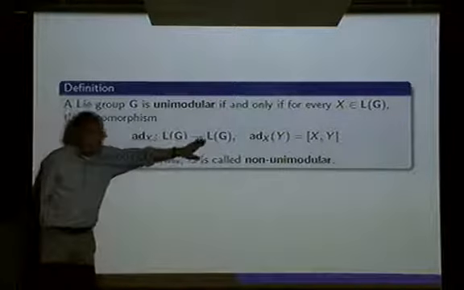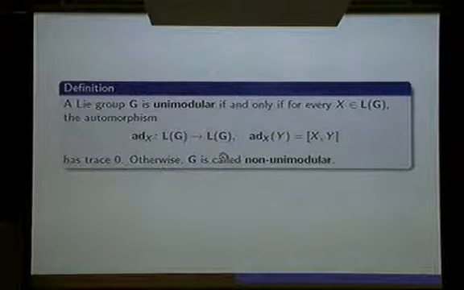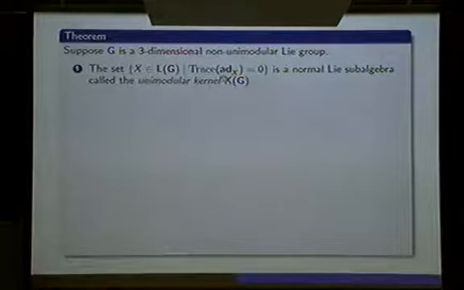Non-zero. And so if you compose this with the trace, you get an onto map from LG into R, which is another Lie algebra. Anyway, you look at the set of all x which have the property that the trace is 0, and that turns out to be a two-dimensional subspace of the Lie algebra.